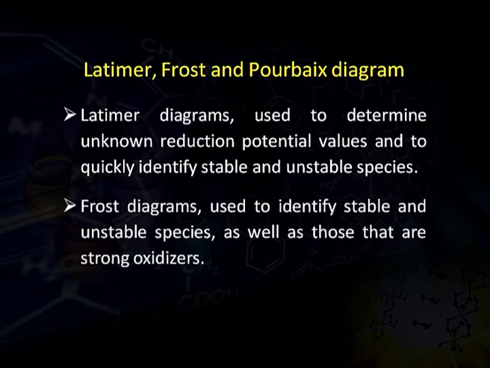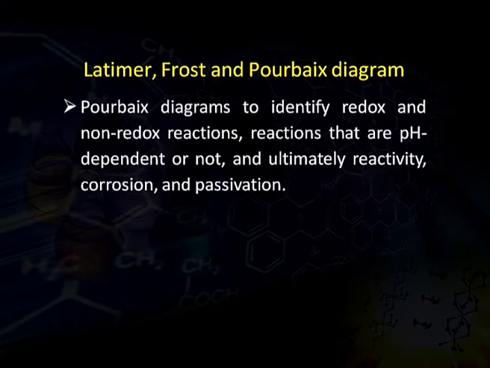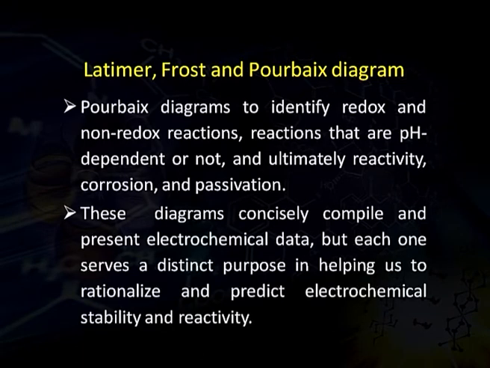The next is the Frost diagram, which is used to identify stable and unstable species and is also able to explain whether these are strong oxidizers or not. The Pourbaix diagram is used to identify redox and non-redox reactions, the reactions that are pH dependent or not, and ultimately reactivity, corrosion and passivation can be discussed.